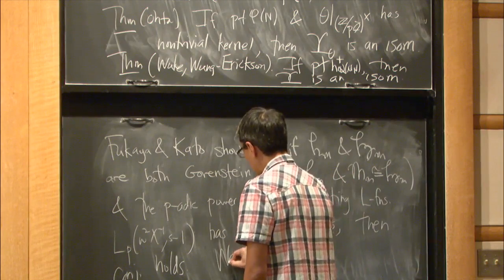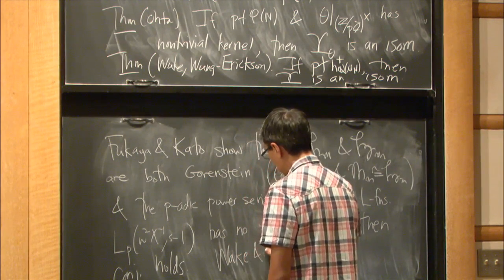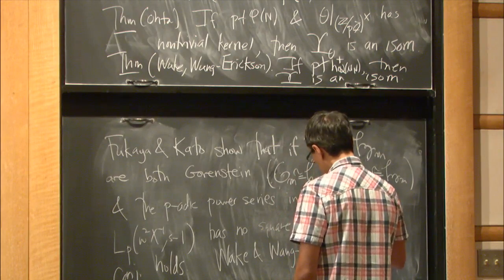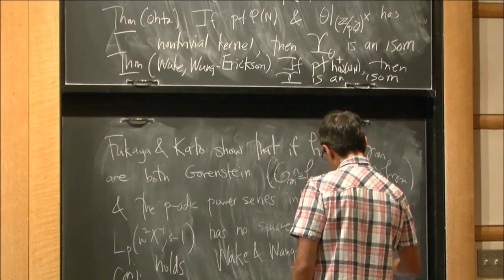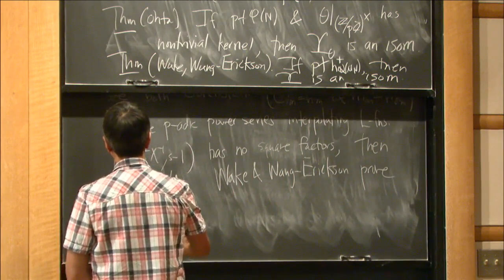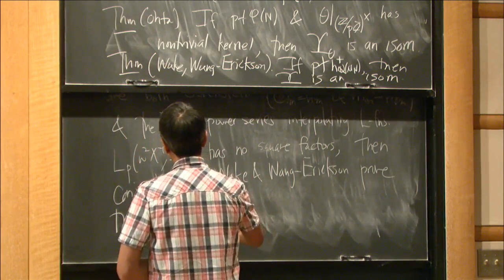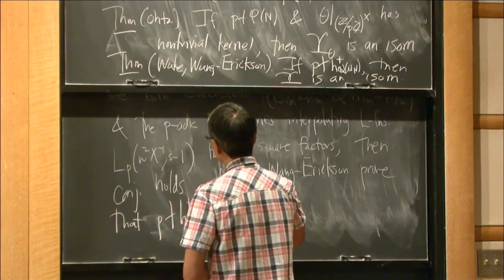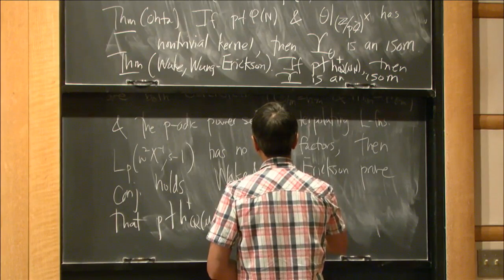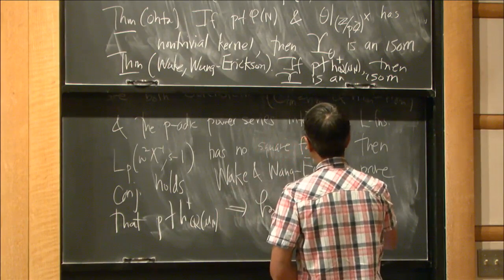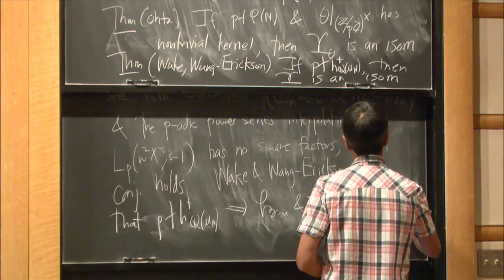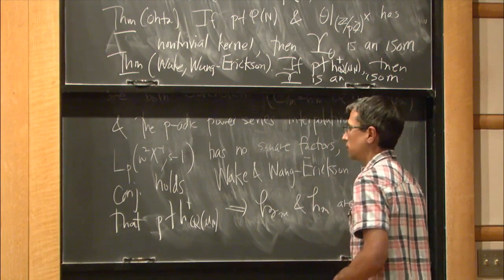Wake and Wang-Erickson prove that if P doesn't divide this class number, then both Hecke algebras are Gorenstein. That's really what they prove.